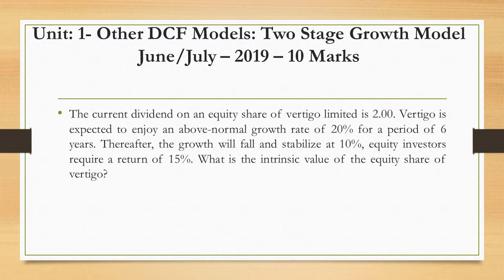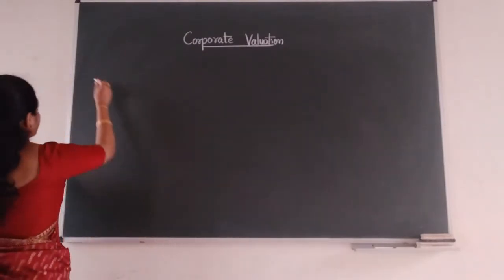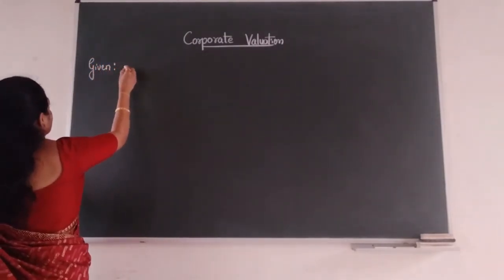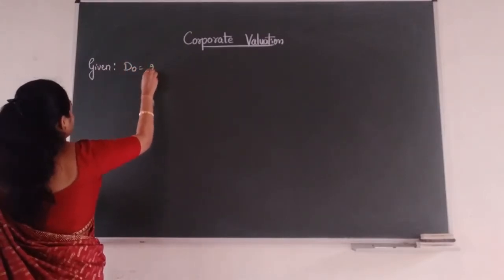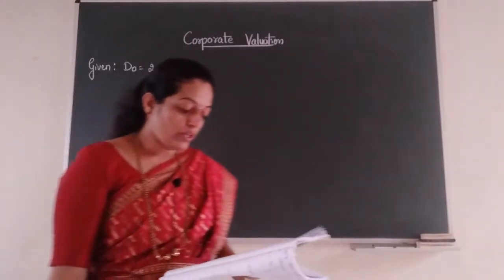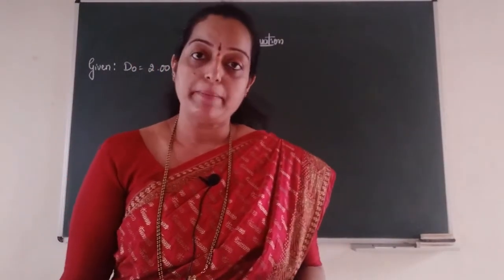So, what they have given is the current dividend on the equity share of Vertigo Limited, 2.00, which we call D0. Vertigo is expected to enjoy an above normal growth rate of 20%.